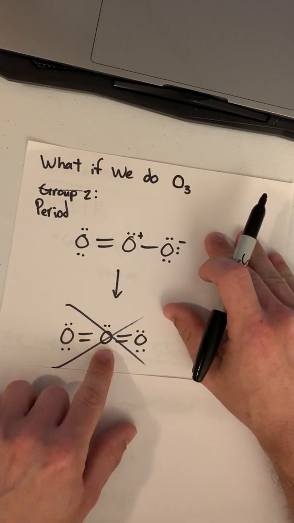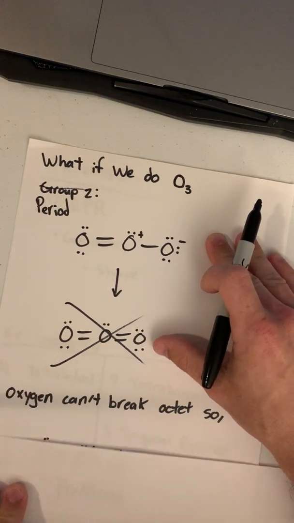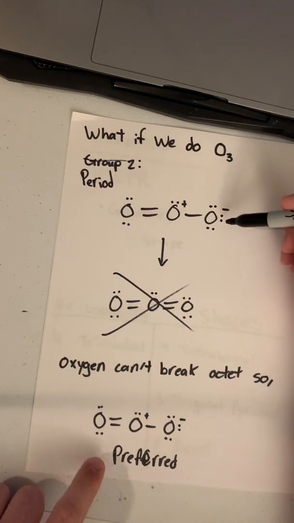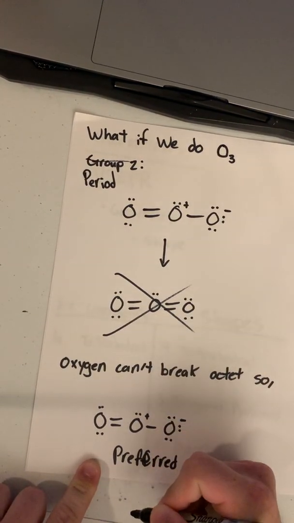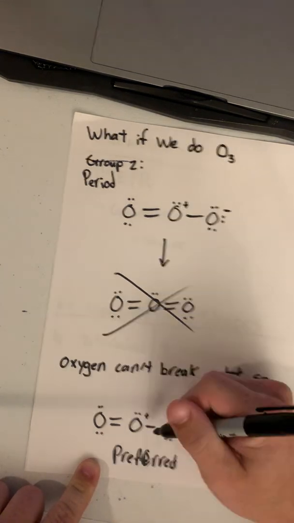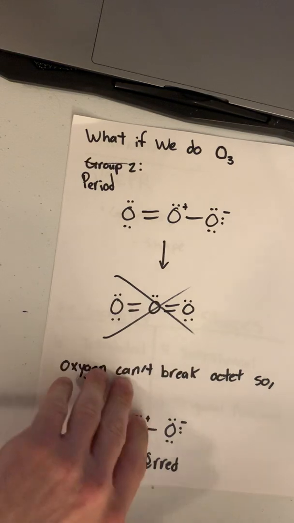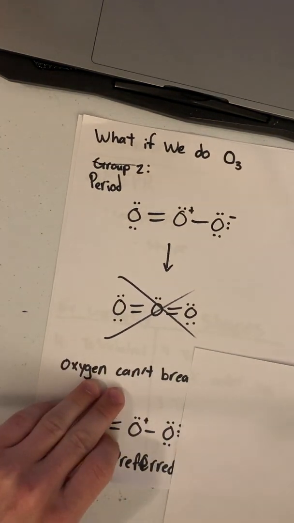We can't do that because oxygen is in period 2, so oxygen cannot break the octet rule. So that means oxygen has to look like this down here. So that would be our answer here. If this was sulfur, anything below, then it can break the octet and it would look like our example where we had the 2 double bonds on each side. All right. Now we're going to move on to some other examples.